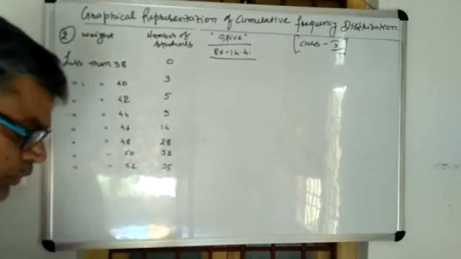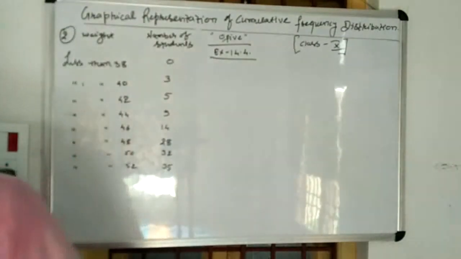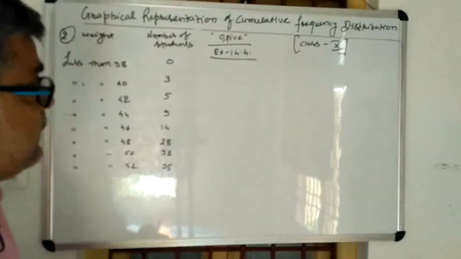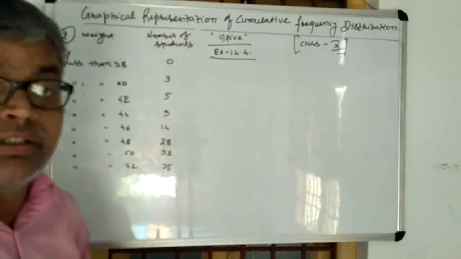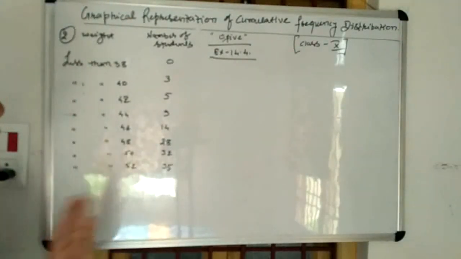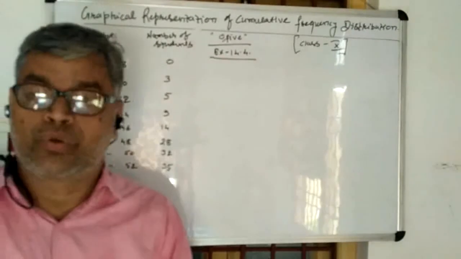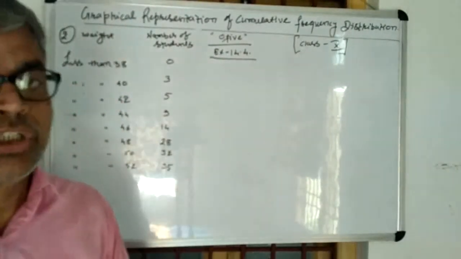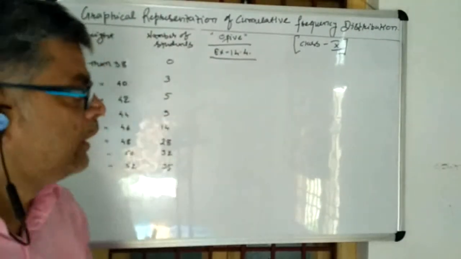So in this question, your less than series and your cumulative frequency are given. Now you have to draw its ogive, that is the cumulative frequency graph.